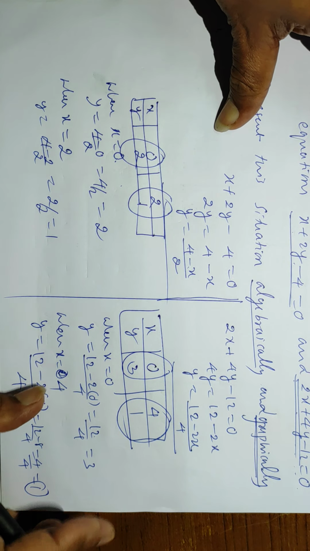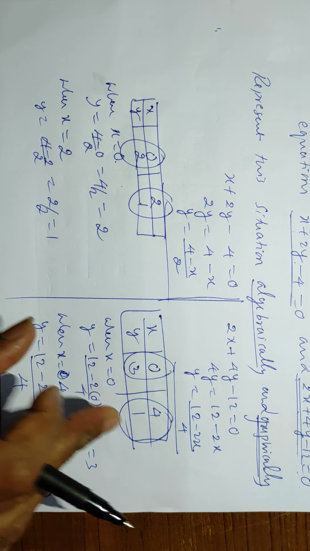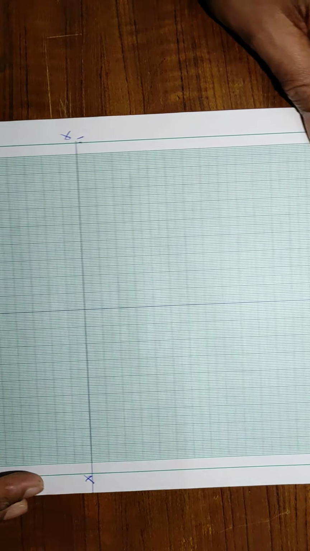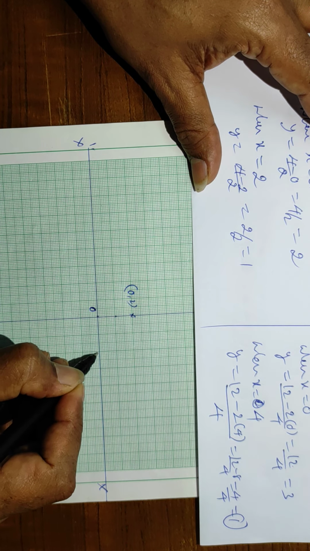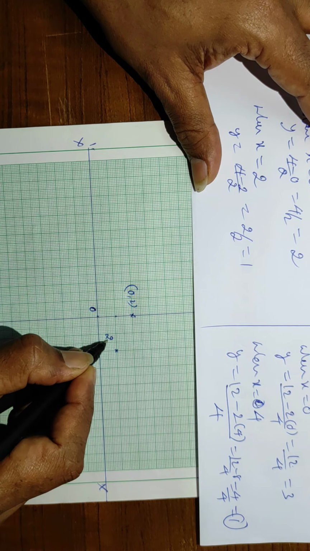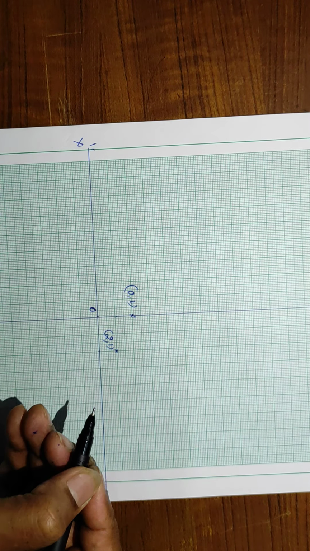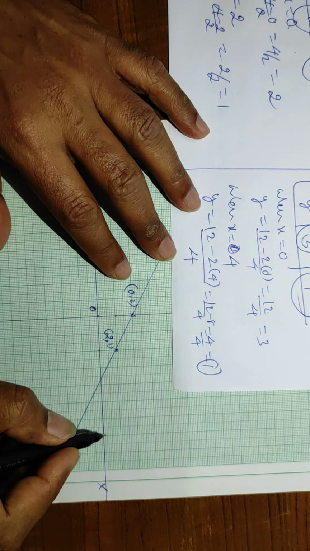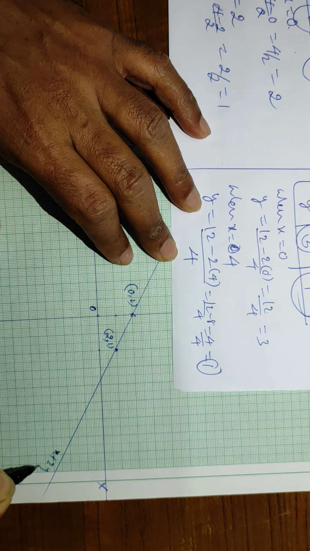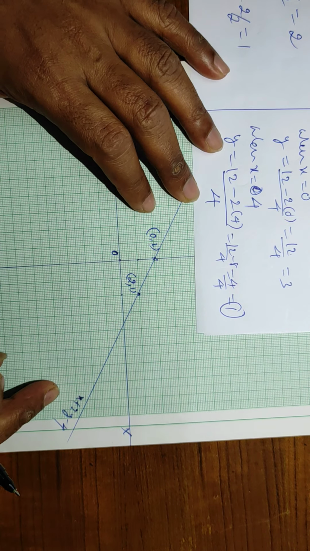Now let me draw the graph for both the equations. So let me plot the points 0, 2 and 2, 1. Now this graph is x plus 2y minus 4.